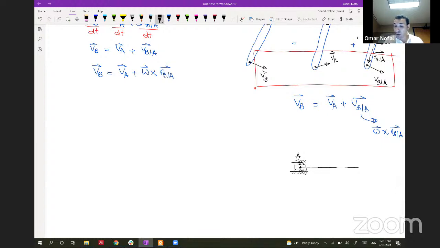This arm can rotate, can make an angle omega, but cannot move in the y direction. It's only allowed to move in the x direction, either this way or this way.